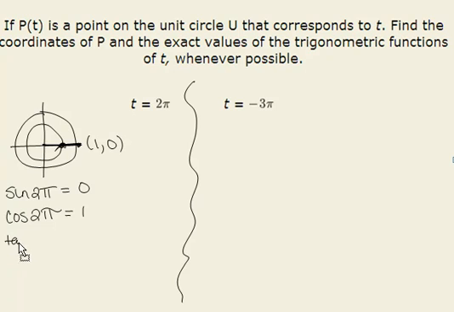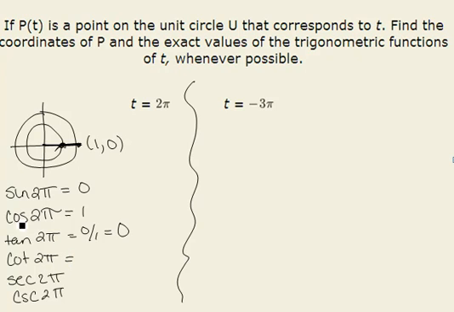We can now define our remaining 4 trigonometric functions using our identities. Tangent is the ratio of sine over cosine, or 0 over 1, so the tangent of 2 pi is 0.